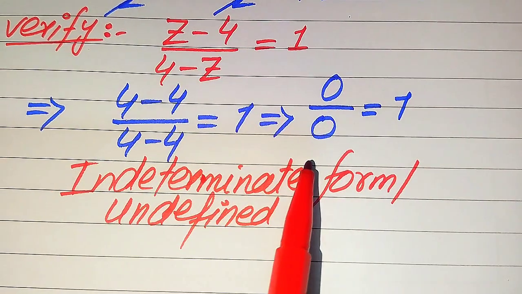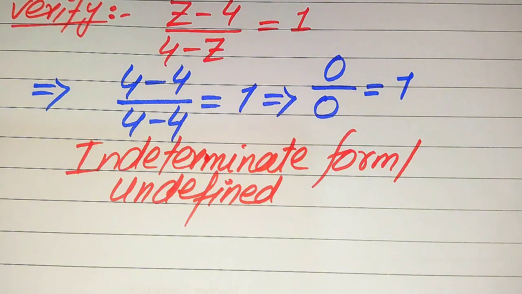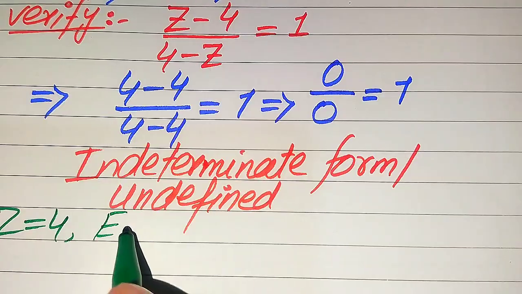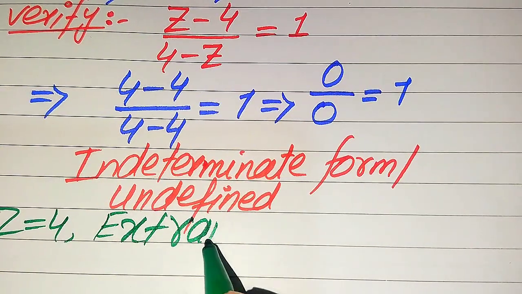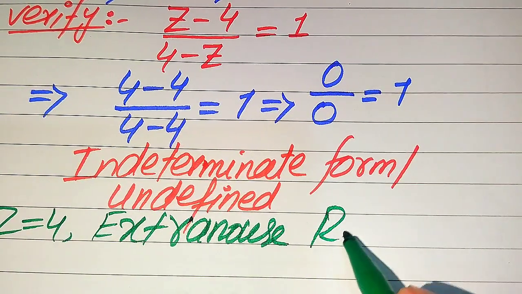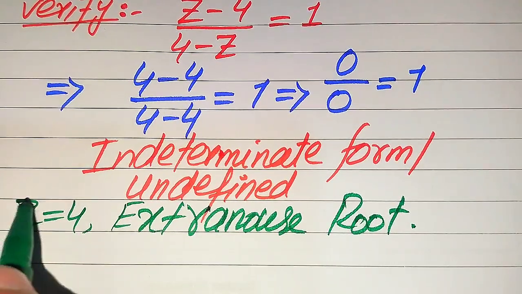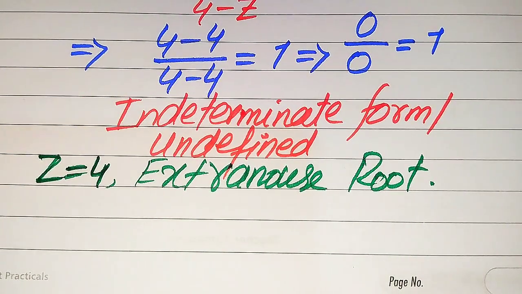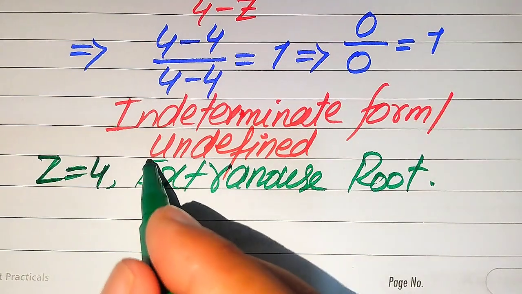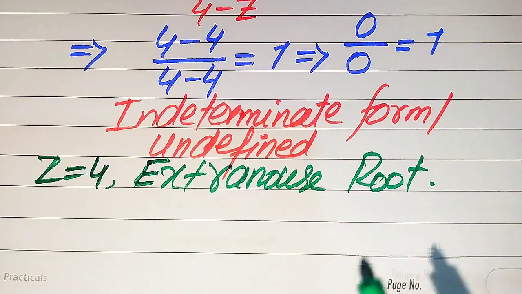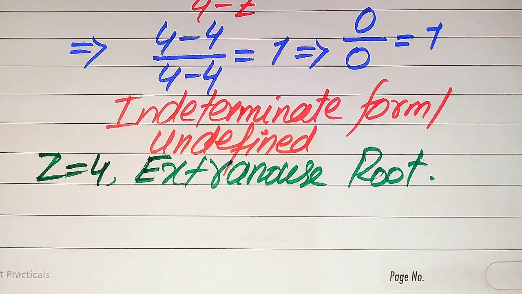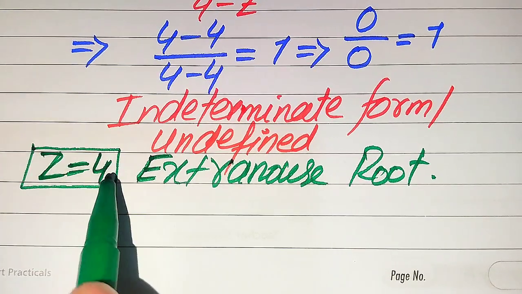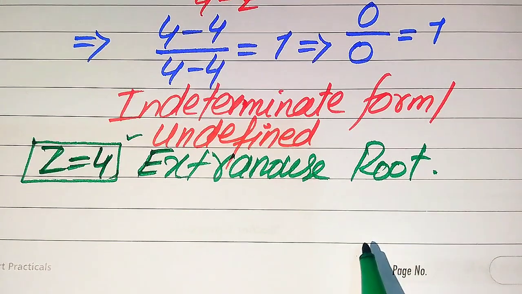So z is equal to 4 is the extraneous root of the given equation, because it does not satisfy our given equation. Here I can explain the difference between a root and an extraneous root. The roots which satisfy our given question statement are called solutions, and the roots which do not satisfy our given question statement are called extraneous roots. But here unfortunately you see that z is equal to 4 does not satisfy our given question statement, so this is the extraneous root.